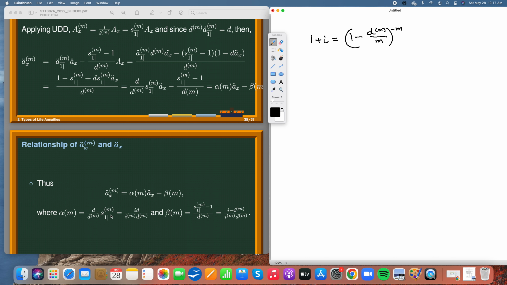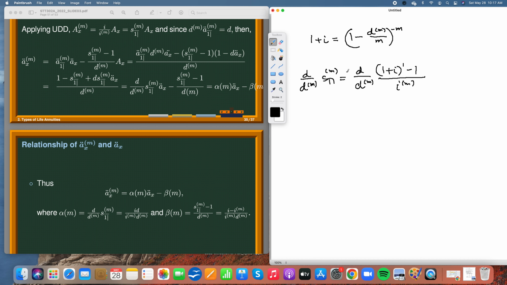And since s angle 1 to the upper m is 1 plus i to the 1 minus 1 all over i to the upper m, remember? So d over d to the upper m times s angle 1 to the upper m is d over d to the upper m, 1 plus i to the 1 minus 1 over i to the upper m.